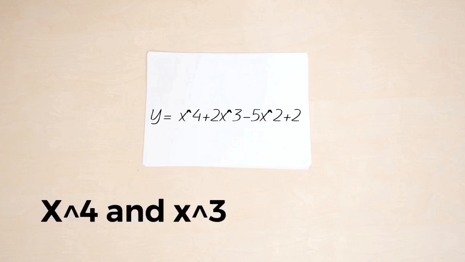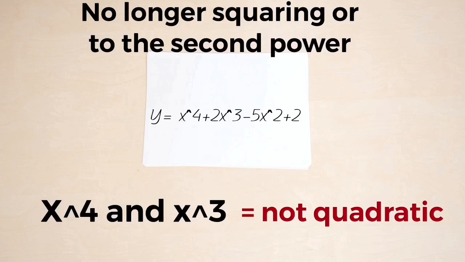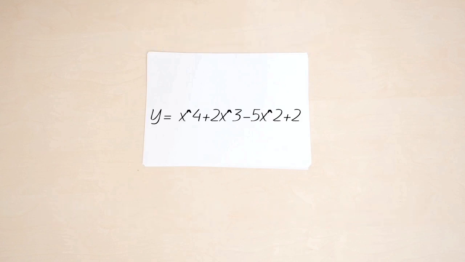Another example is y equals x to the fourth power plus 2x to the third power minus 5x to the second power plus 2. Having x to the fourth power and x to the third power makes this not quadratic because you are no longer squaring or to the second power, which is what it takes for an equation to be quadratic.